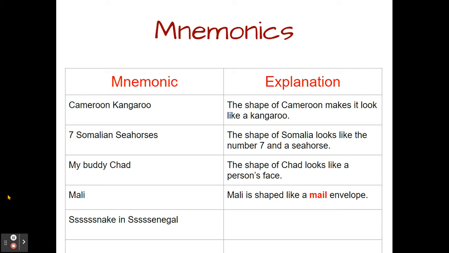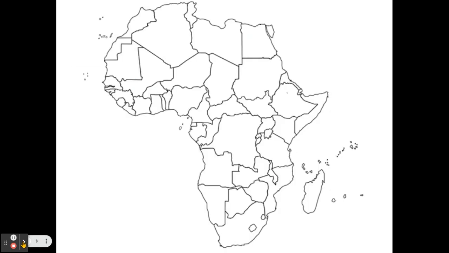And how this works is that Senegal shares a border and almost fully envelops another country called Gambia. And Gambia is shaped like a snake. So in order to find Senegal, I look at my map and try to find the country with a snake inside of it. And that would be the country of Senegal.